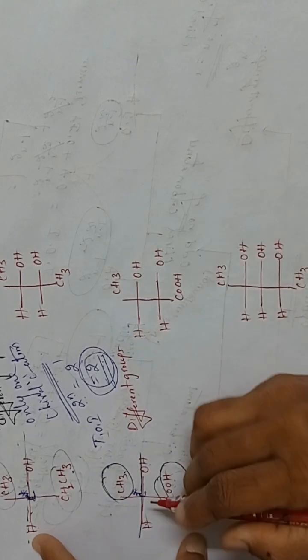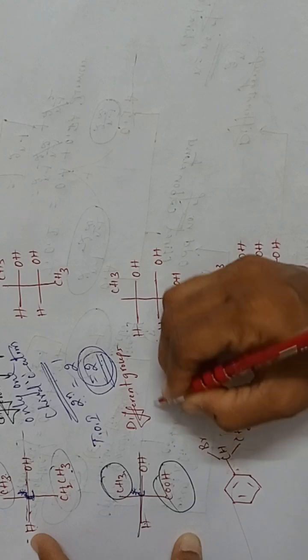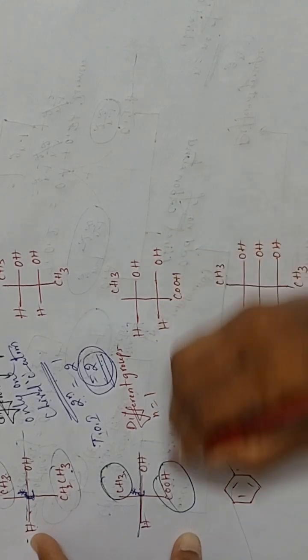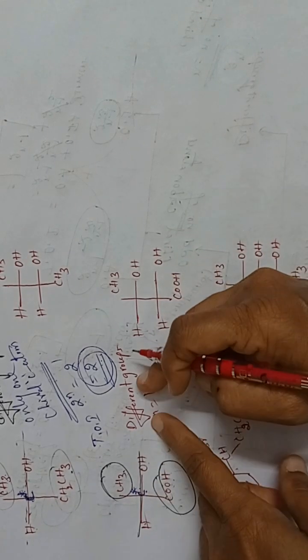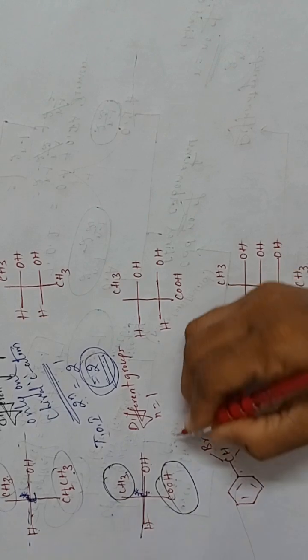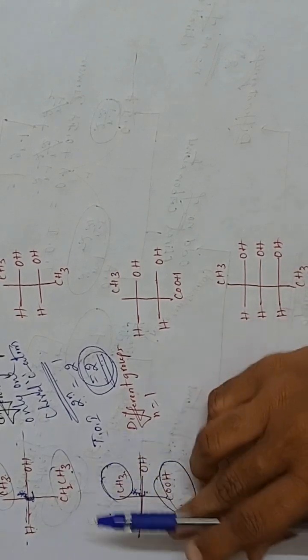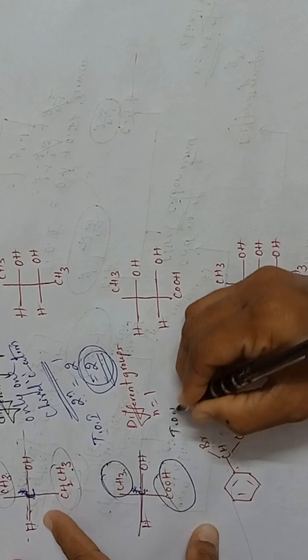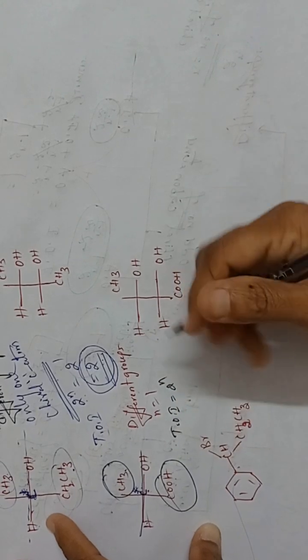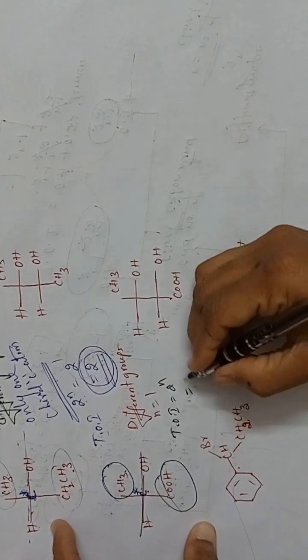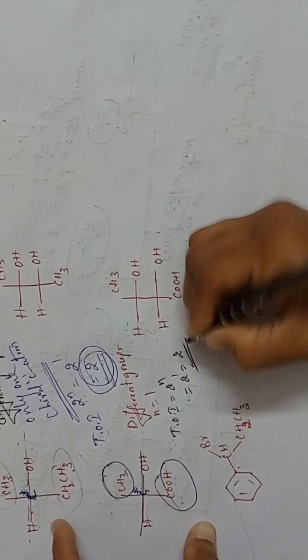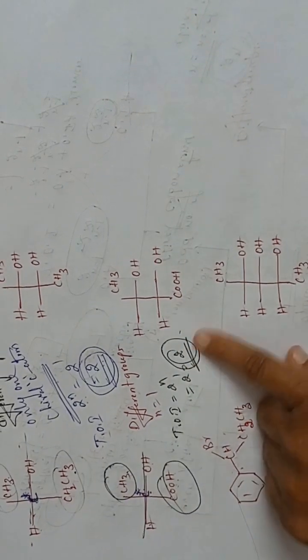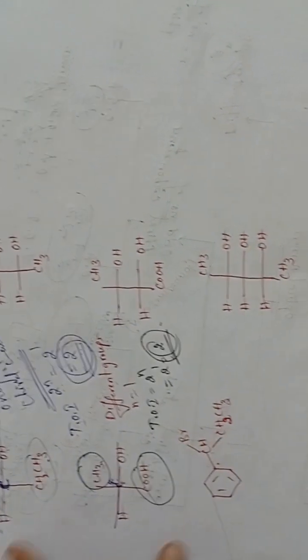How many chiral carbon atoms are there? Only one chiral carbon, so n is 1. The formula to calculate total optical isomers is 2 power n, the same formula. N is 1, so the answer is 2. So 2 optical isomers are there for this compound, right?